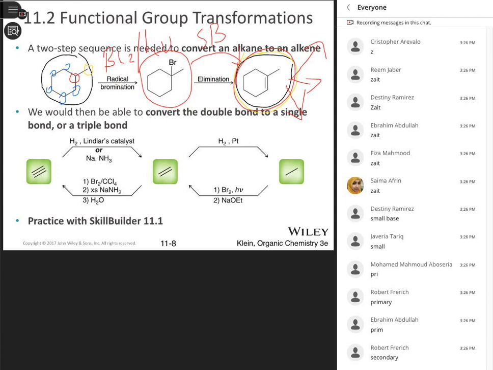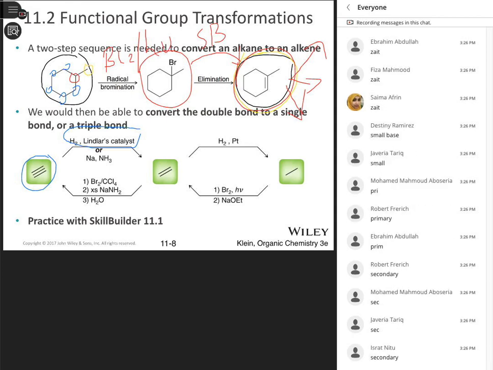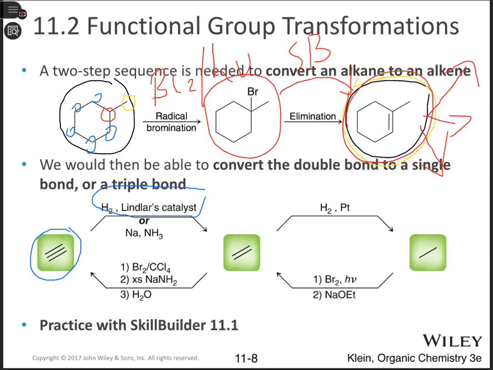Kind of review, as I said, the good thing about this chapter, a lot of this stuff is kind of a review. If you have an alkyne and we add Lindlar's catalyst to it, what do you get? We get a cis alkene. If we have the same alkyne and we add sodium in liquid ammonia, that will give me a trans alkene.